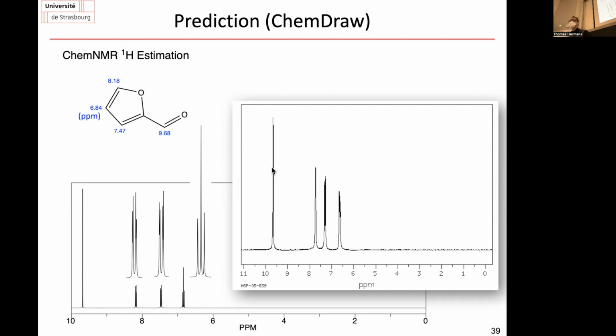Question? But there's a pretty large difference in the end between experimentally and predicted, because the last doublet is higher than 8, but experimentally it's lower than 8. Yes.